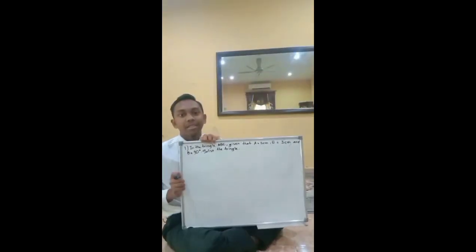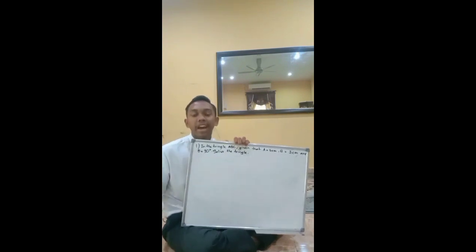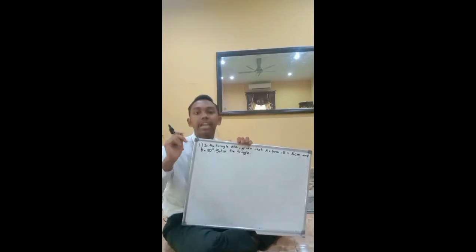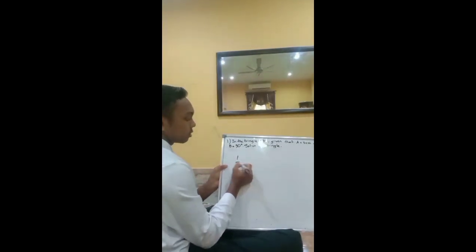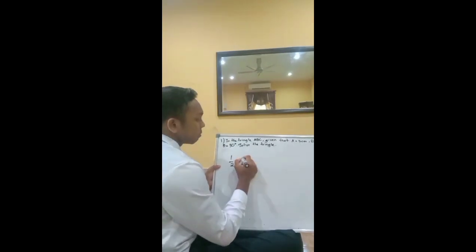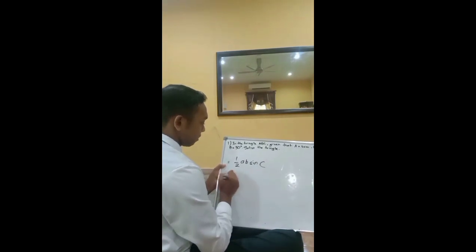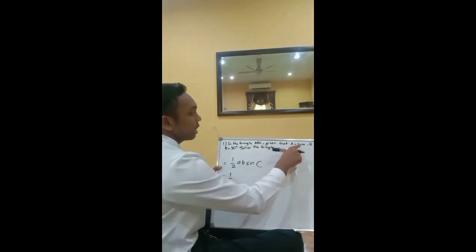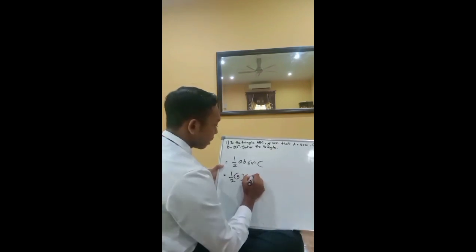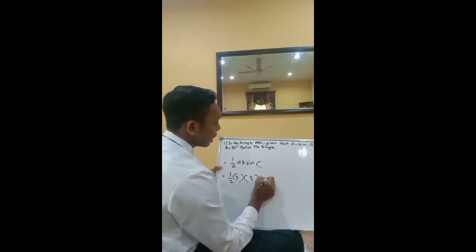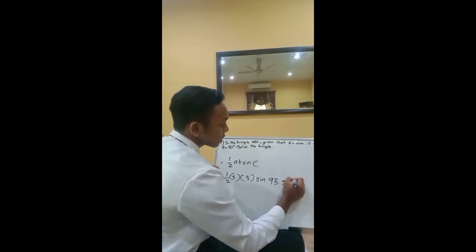For the last step, we must use formula number 2 to find the area of the triangle. Remember? 1/2 ab sine C. 1/2, a is 5, b is 3, and sine C is sine 93.56.